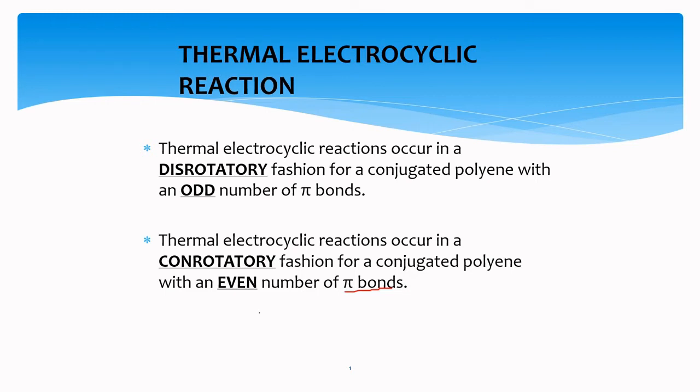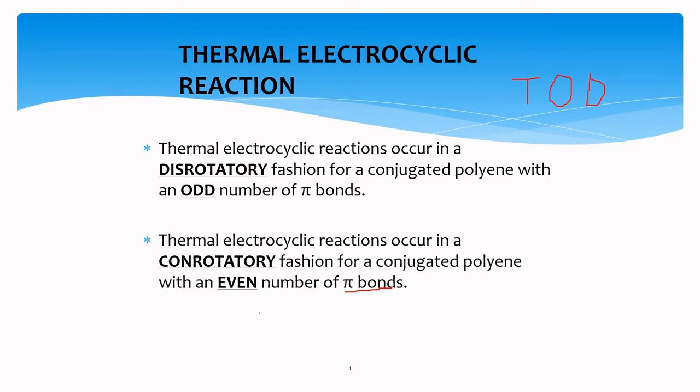As I have mentioned before, the easiest way to remember this is when we have an electrocyclic reaction in thermal condition, which is T, and with an odd number of pi bonds, it will undergo this disrotatory fashion.